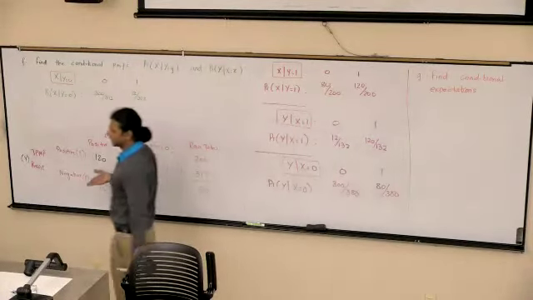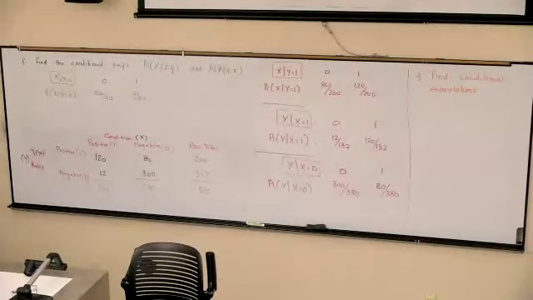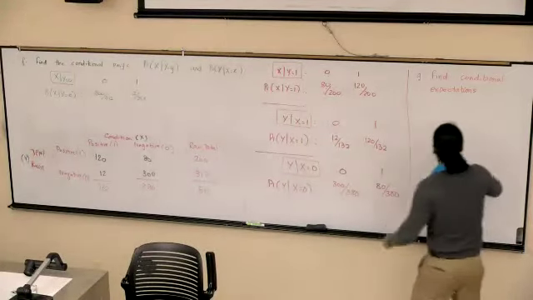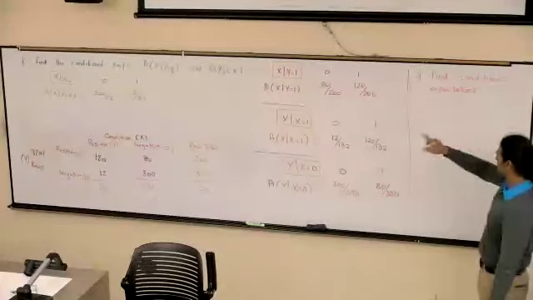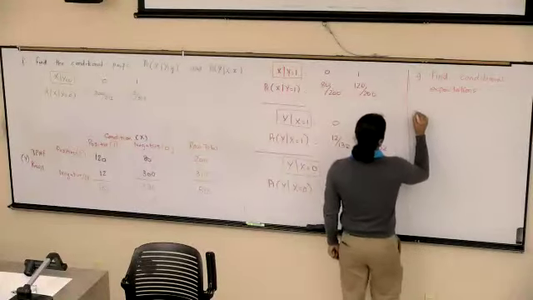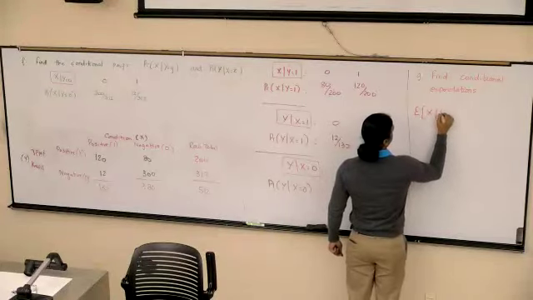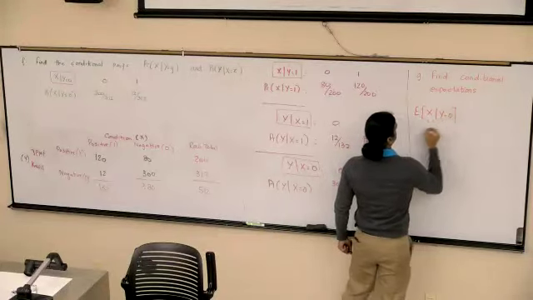How many conditional expectations would I have? Four. The first one, other than the first one, you could do the rest. Expectation of X given Y equals 0.